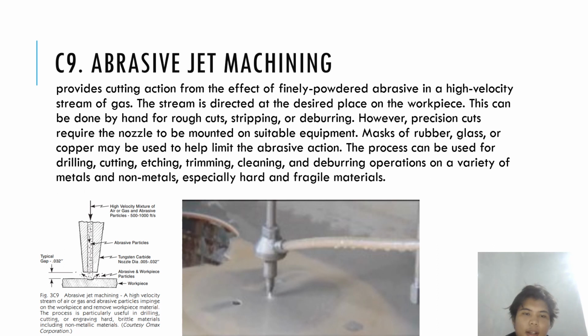Abrasive jet machining provides the cutting effect with finely powdered abrasive in a high velocity stream of gas or liquid. The stream is directed at the desired place on the workpiece. So actually, if you see this one, it has a high velocity of air or gas, and abrasive particles, of course, for cutting things.